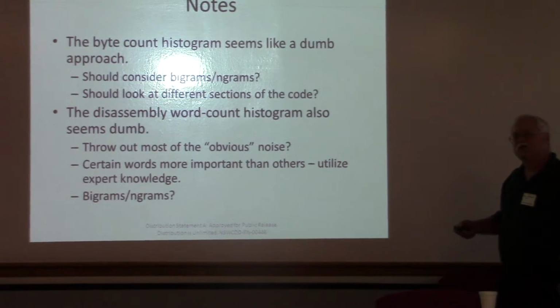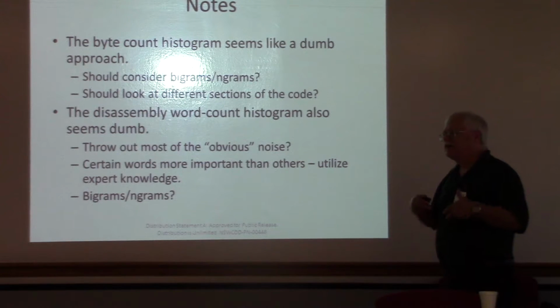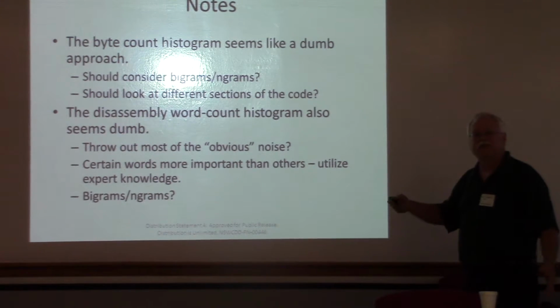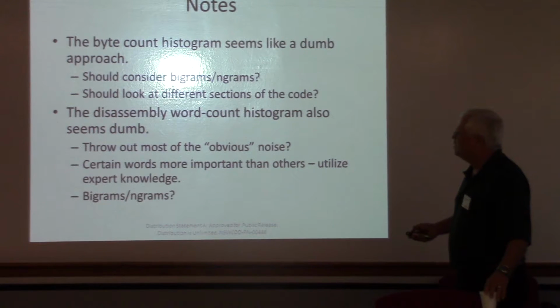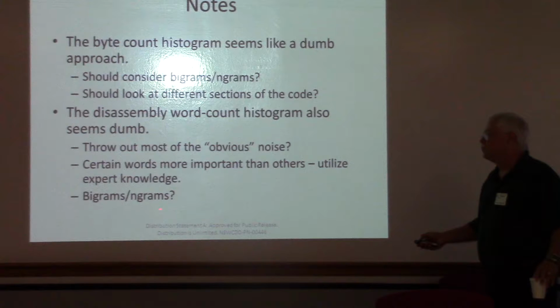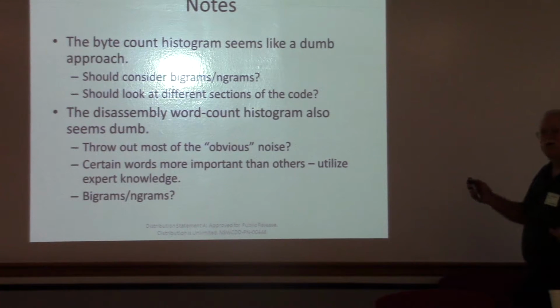There are words that you don't want to see in code, and there are words that are at least indicative of potential problems, like various kinds of disk access or things like that. And also, bigrams or n-grams or whatever, I should be looking at the chunk of code, not just the words. So that's why I said this is a toy. I didn't do anything intelligent.